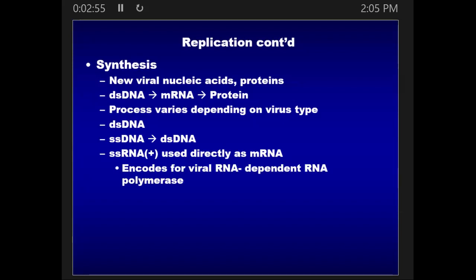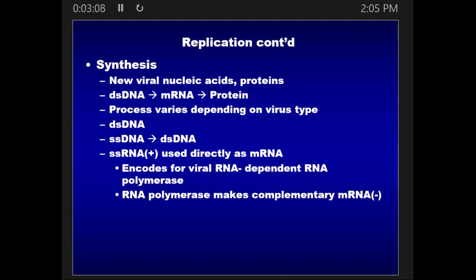And so typically these viruses have on their RNA the genes necessary to make RNA polymerase for what they need to do. And then they'll be able to use that RNA polymerase to make a bunch of copies of the messenger RNA minus. So that's the complementary strand to the plus strand. We always talk about plus and minus being complementary when we get into nucleic acid.